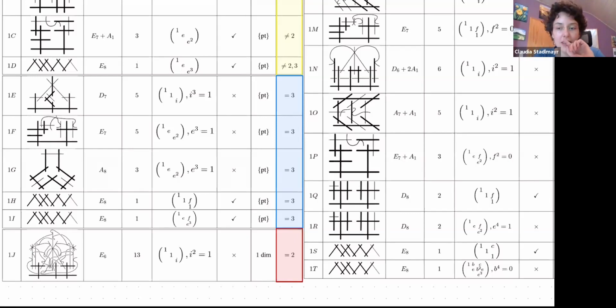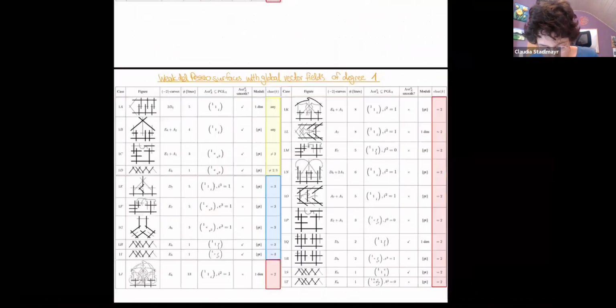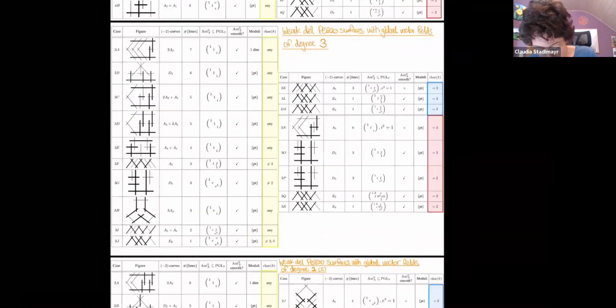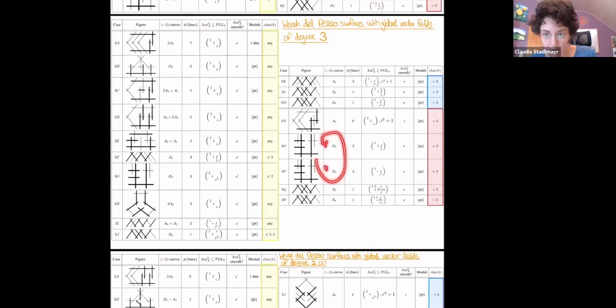The answer is yes. If you contract those -2 curve combinations, you get the RDP del Pezzo, since the weak del Pezzo is the minimal resolution of the Du Val del Pezzo. Two different views on the same problem. Take an easy degree, take degree 3. Here we have 2 D5 configurations in characteristic 2.